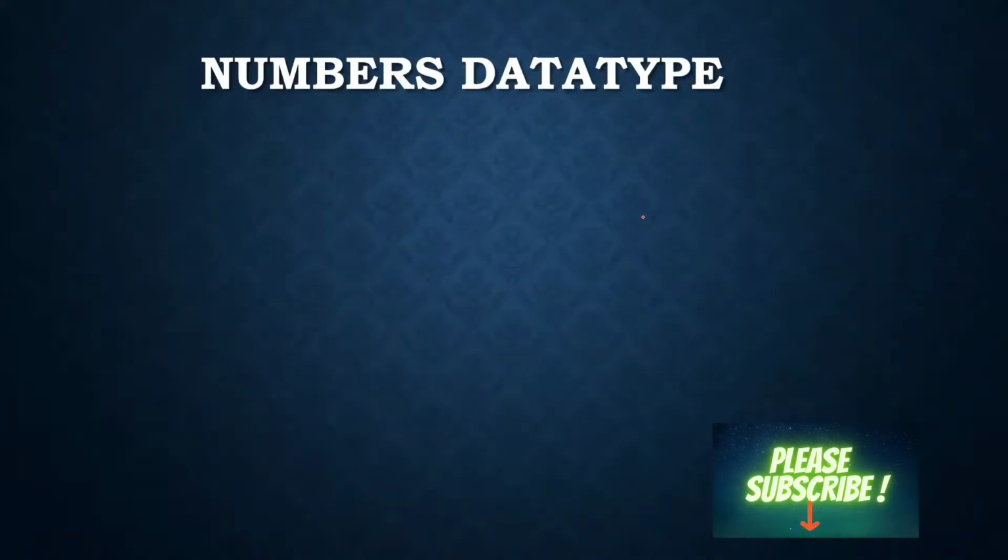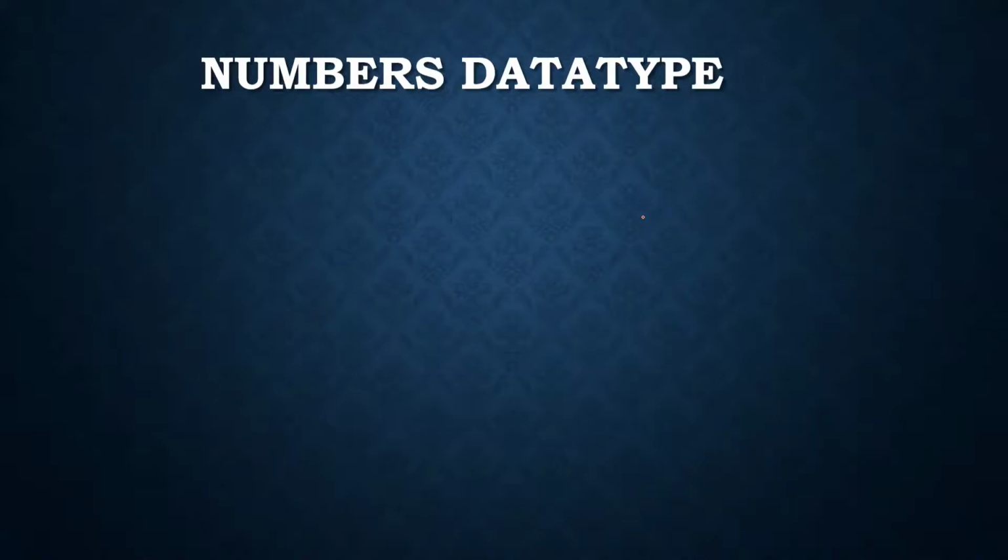Generally, the data stored in memory can be of many types. For example, a person's name is stored as alphabets, age is stored as a numeric value, and one's address is stored as alphanumeric characters. So, number data types store numeric values.